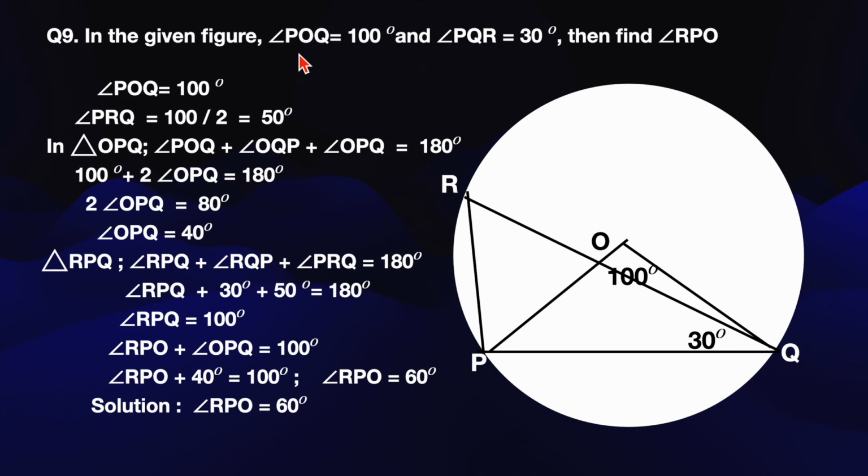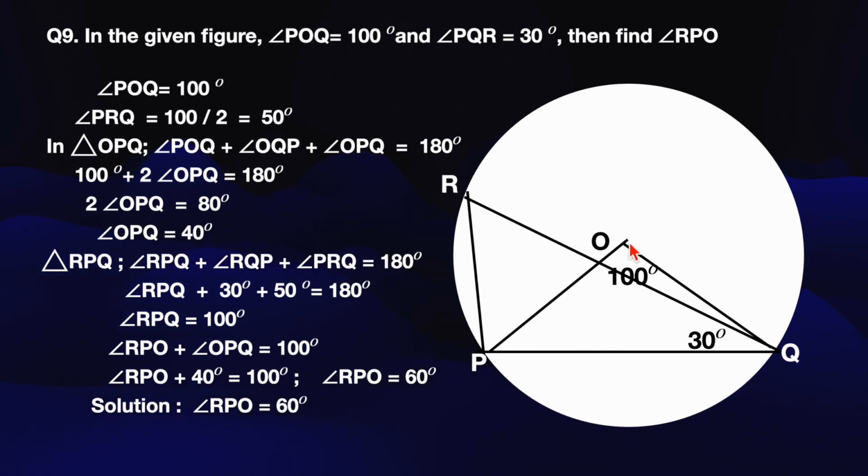In the given figure, POQ is equal to 100 degrees and PQR is equal to 30 degrees. Then find RPO. So here we have to find RPO, this angle. They have given this angle O as 100 and angle RQP, this angle, as 30 degrees. So here again, this is the base.